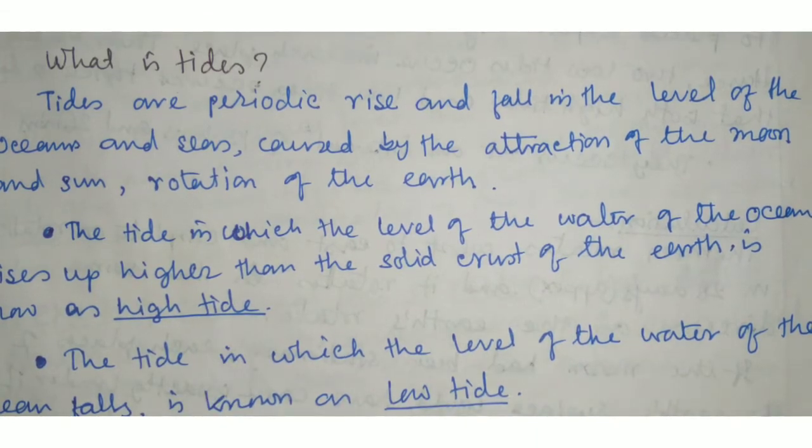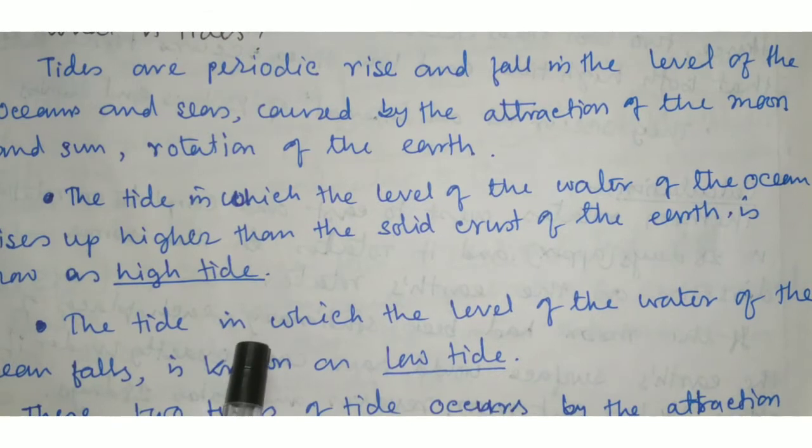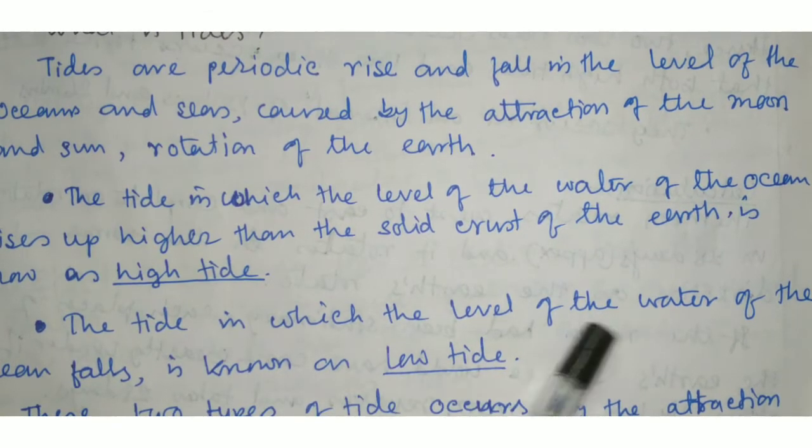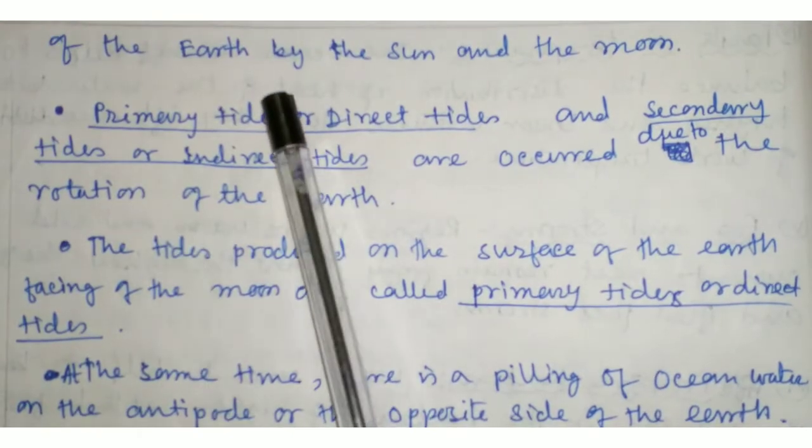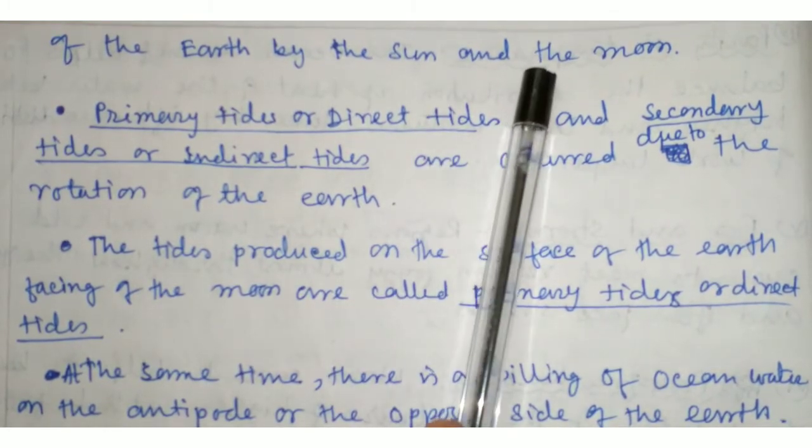And what is low tide? The tide in which the level of the water of the ocean falls is known as low tide. These two types of tide occur by the attraction of the earth by the sun and the moon.